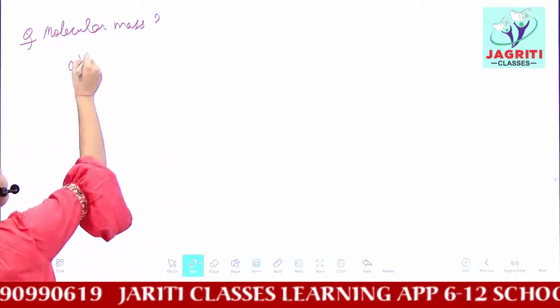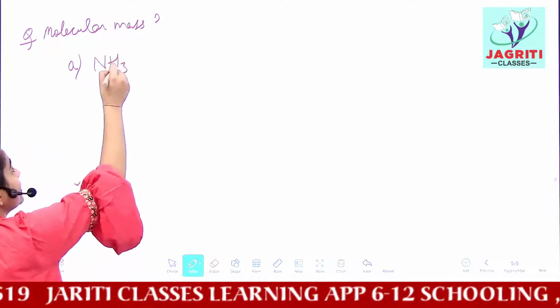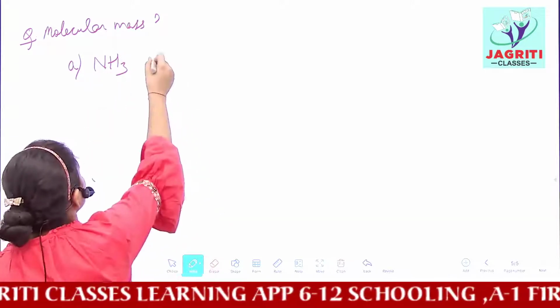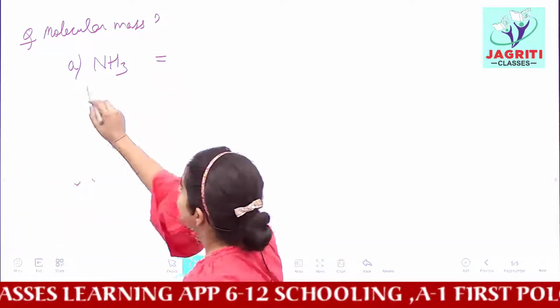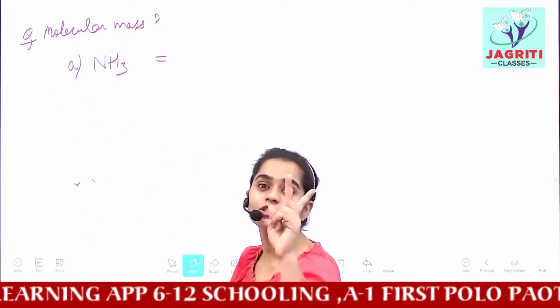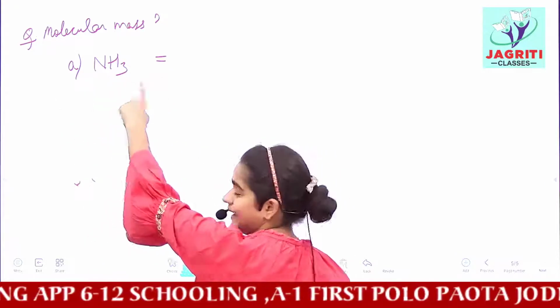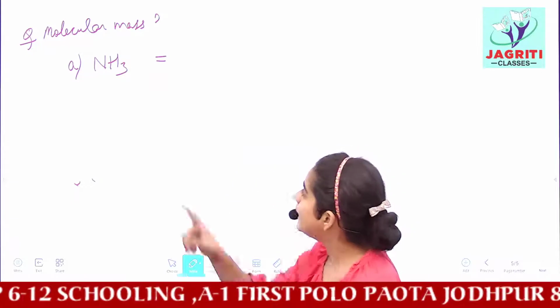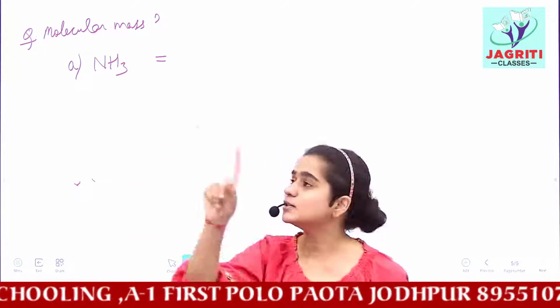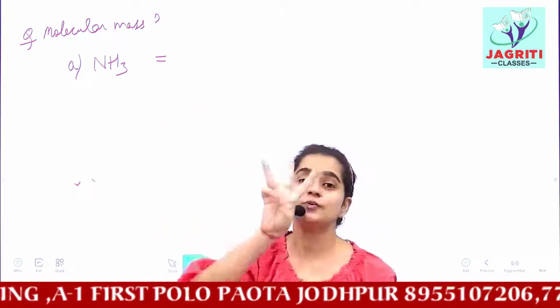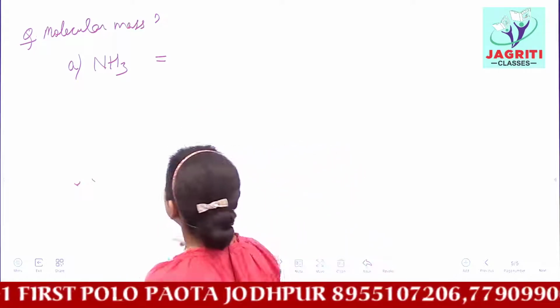The first one, let's take here, is our ammonia, NH3. So how will you find the molecular mass? NH3 has 2 kinds of atoms. The first atom is nitrogen and the next one is hydrogen. Nitrogen is only 1, that is 1 nitrogen atom, and hydrogens we have 3 atoms. So now how to find it?